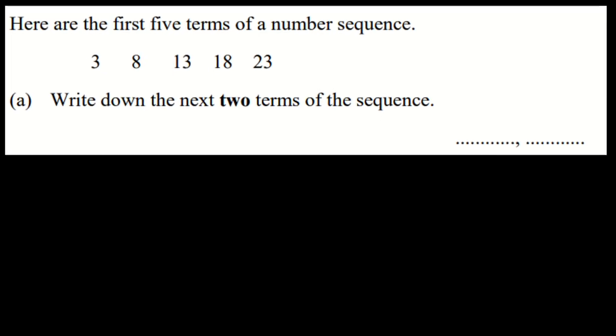In this question, it asks us to find the next 2 terms. This you could also figure out in your head by just looking at the first difference, plus 5, plus 5, plus 5, plus 5. And then you can just easily add 5 and add 5 again.